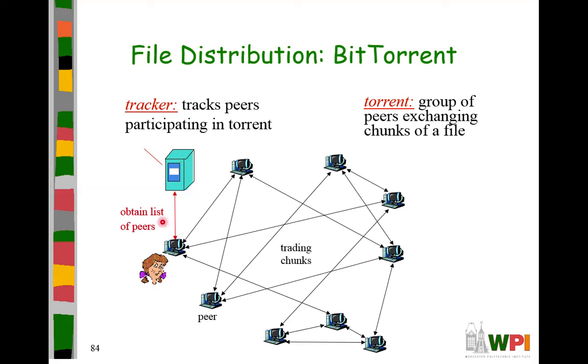Okay, so when a user, suppose Alice, wants to join the P2P network, she contacts the tracker, and the tracker provides not the information about all the peers, but only a list of peers, some set of peers, for example 50 peers. Then she connects with some of these peers.